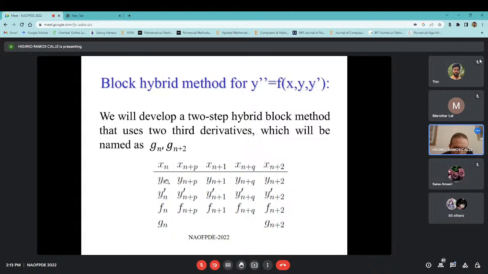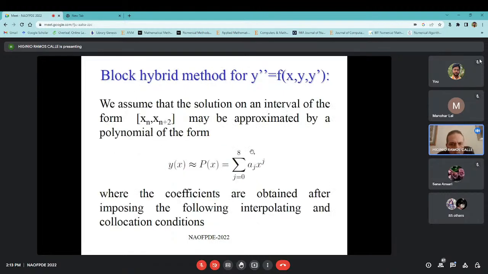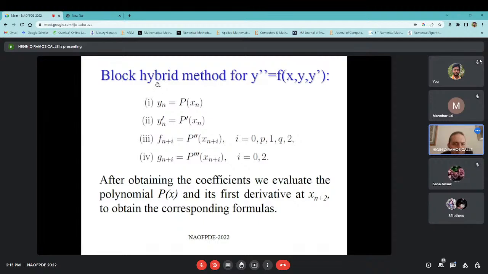So we have 2, 4, 6, 8, 9. We are going to take a polynomial approximation where the polynomial is of degree 8. So we formulate the system to get the coefficients of the polynomial.